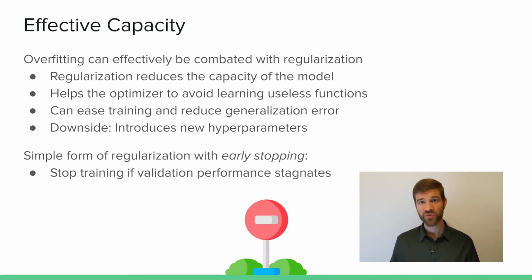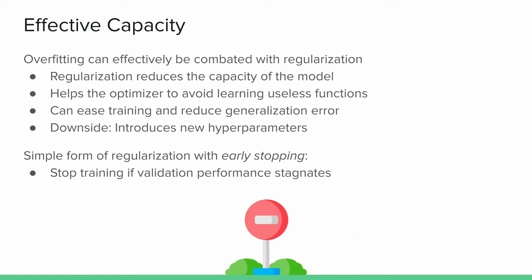So the simplest form of regularization would be early stopping. What is early stopping? What we're doing is, while we are training, we're monitoring our performance. And if that performance stagnates and is not getting better anymore over time, I'm going to stop here, because on that set that I'm observing my performance on, called the validation set, we're not seeing any further improvements.